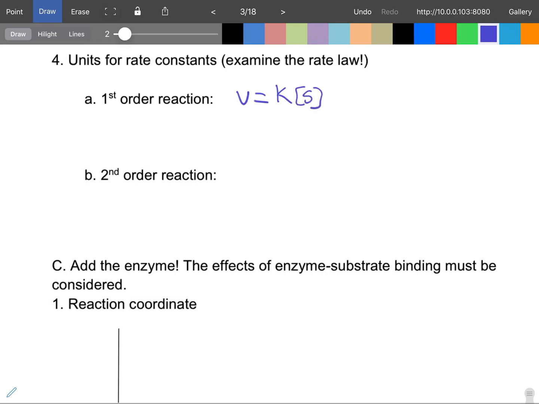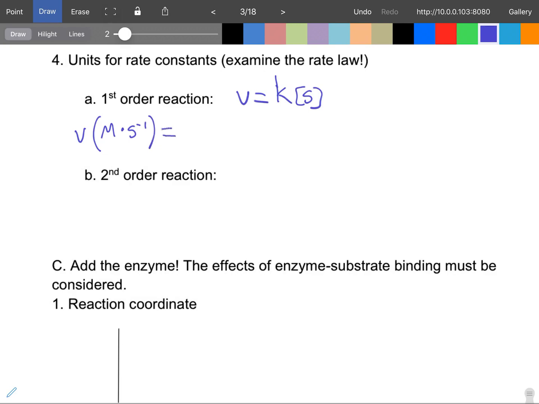And let's just look at the units of each of those things to determine what the unit of K should be. So the velocity should have units of concentration per time, right? We're changing concentration over time. So it's molar per second, like that.